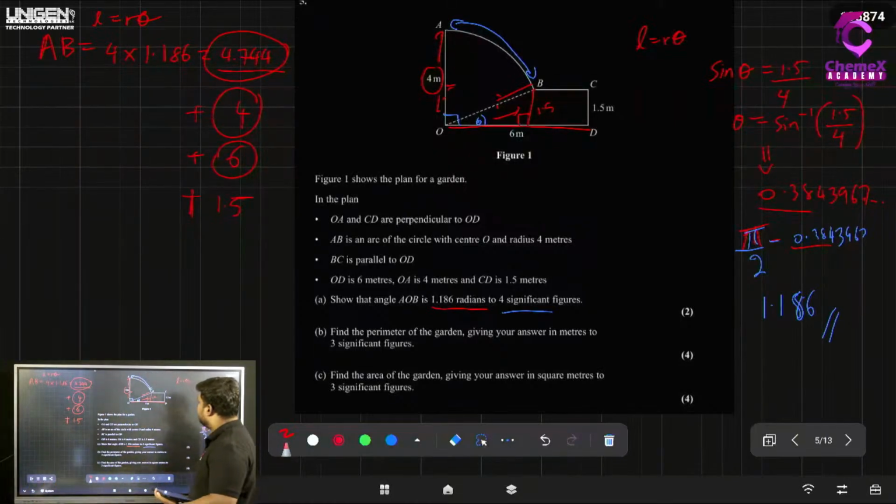Okay. Now is the tricky part. How do you find BC length? Any idea how to get BC length?